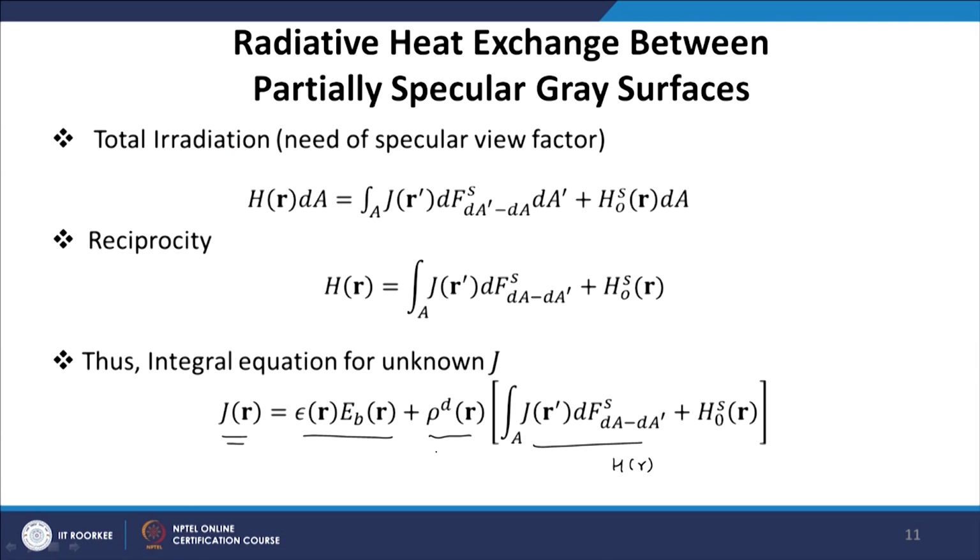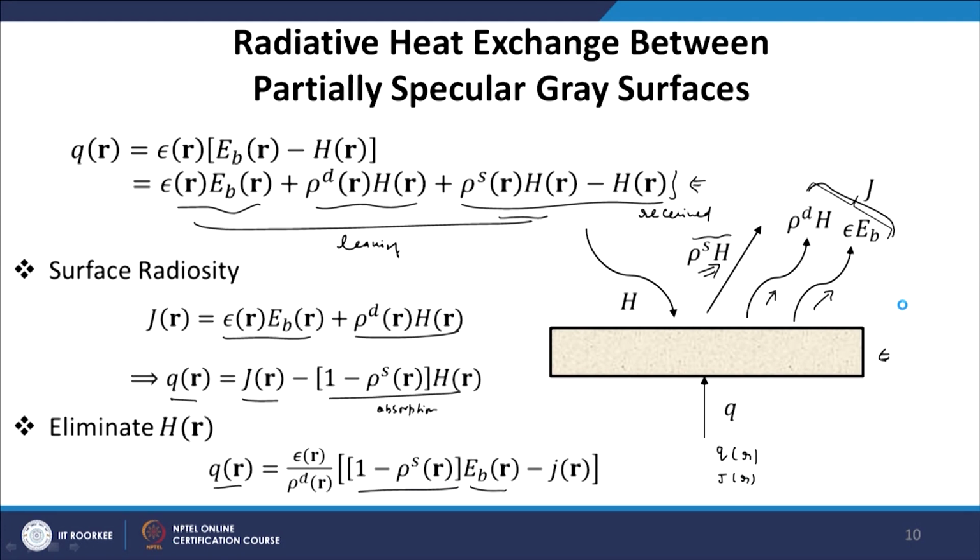We can calculate the radiosity using the relations that we have already developed for gray diffuse surfaces. So, there is no difference here, this entire thing is the same as done for diffuse gray surfaces. The only thing that has changed is the specular reflectance that appears in the relation for heat flux. The expression of J does not change.